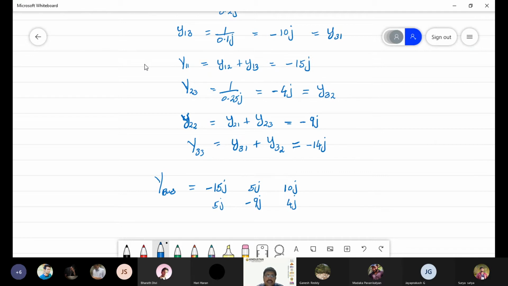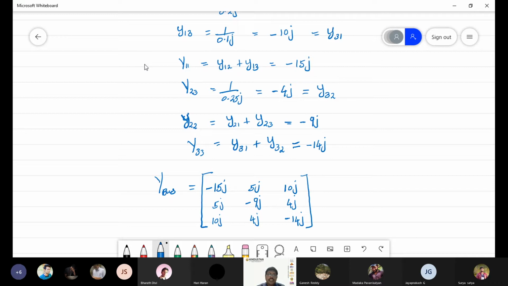And similarly the third row, Y31 is equal to Y13, we know that, that is 10j, Y32 is equal to 4j, and Y33 is equal to minus 14j. So I hope you can understand. So this is the Y bus, we got it.